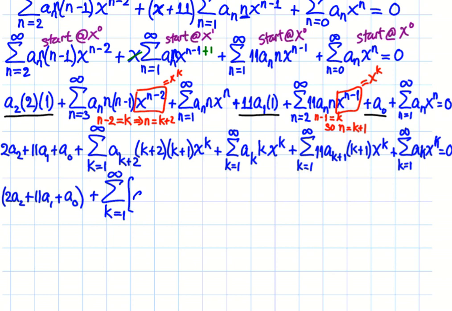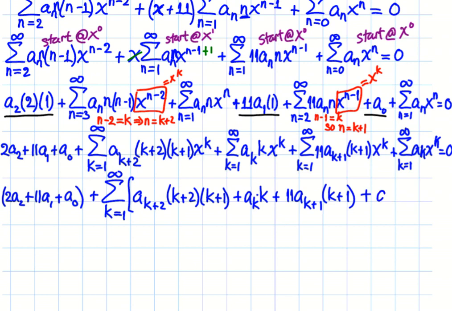So we have a of k plus 2, k plus 2, k plus 1 times x to the k factor out, and then a of k times k plus 11 a of k plus 1, k plus 1 plus a of k, and x to the k is a common factor.